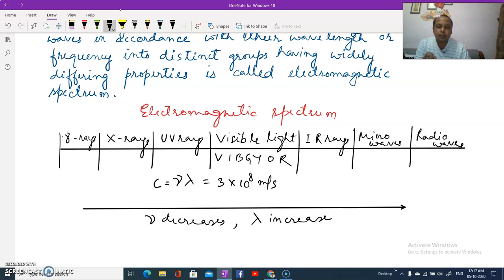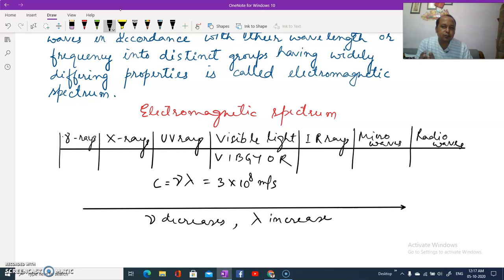You should understand here that when frequency decreases, wavelength must increase so that their product always remains the same, which is given by c, which is a constant quantity in air or vacuum, 3 into 10 raised to the power 8 meter per second approximately.